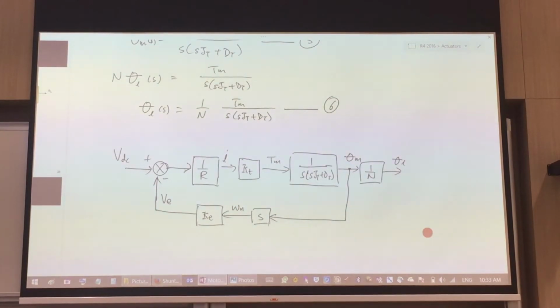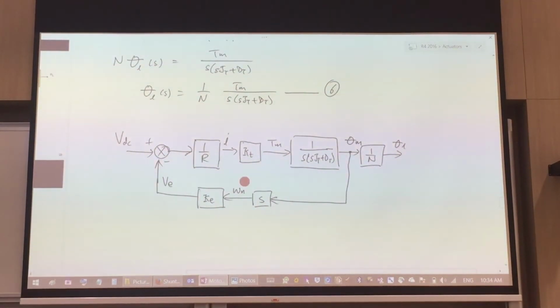Now you have learned before in dynamics and control how to draw your block diagram, so we'll be using that same technique here as well. I'll just help you a little bit on this part.